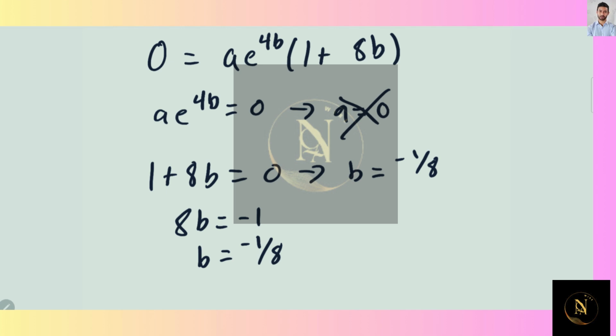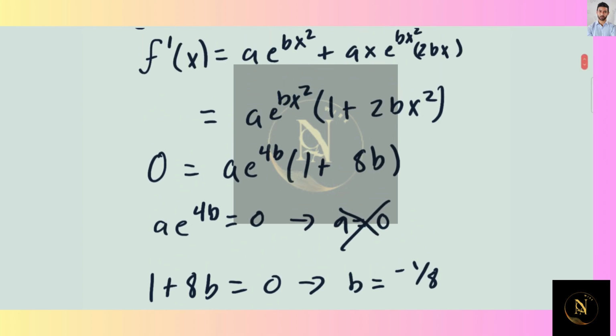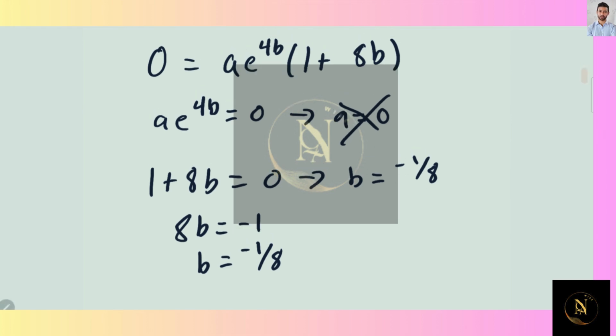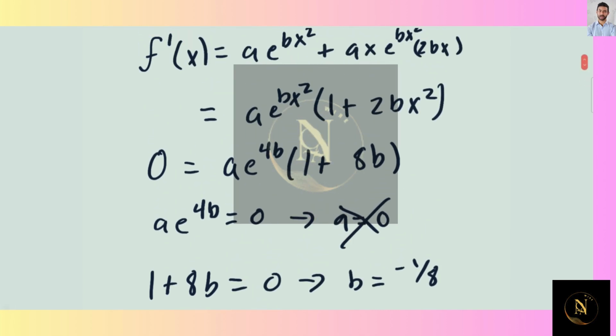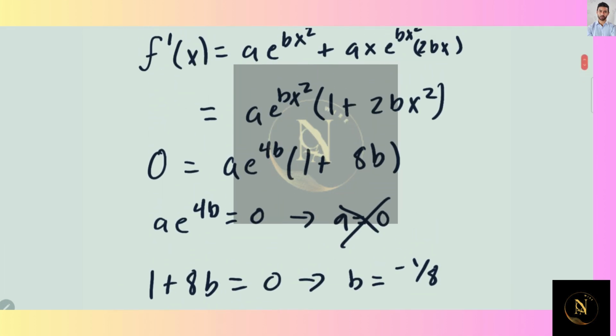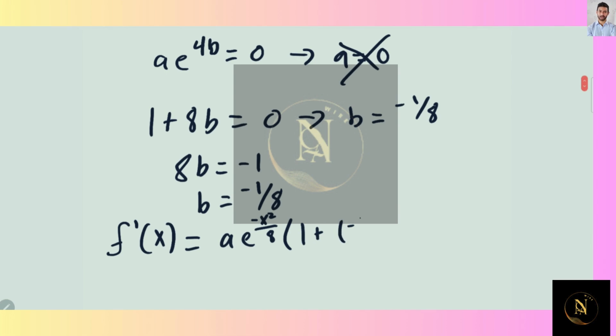Now we have to make sure that this is actually a maximum. So we're going to plug a value less than 2 into our derivative, let's just say 0, with b equal to negative 1/8. Our original derivative was a e^(bx²) times (1 plus 2bx²), which now is a e^(-x²/8) times (1 plus negative 1/4 x²).